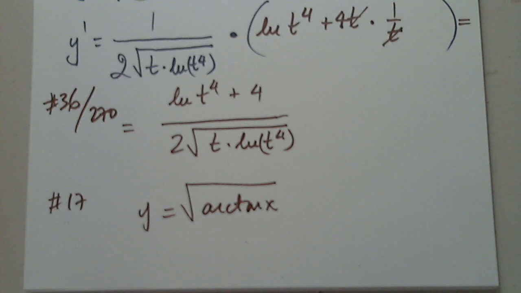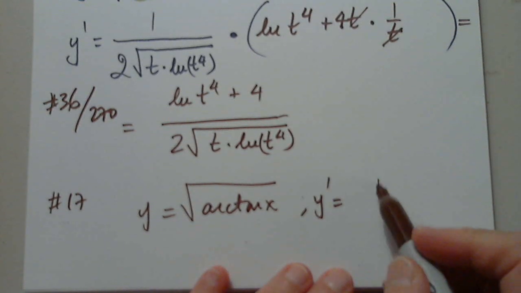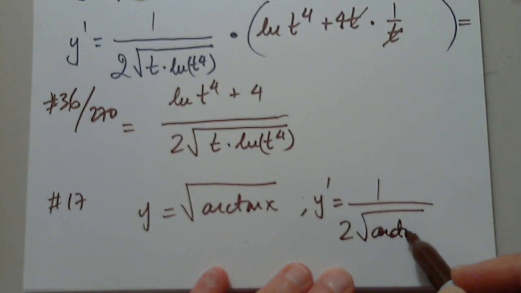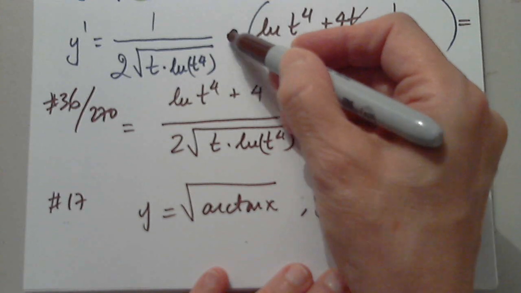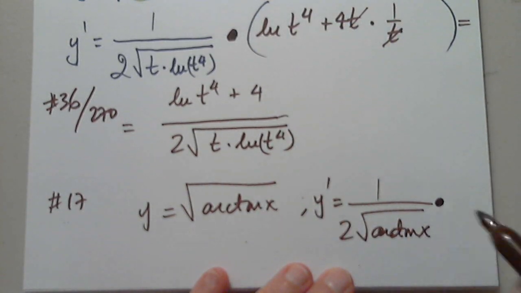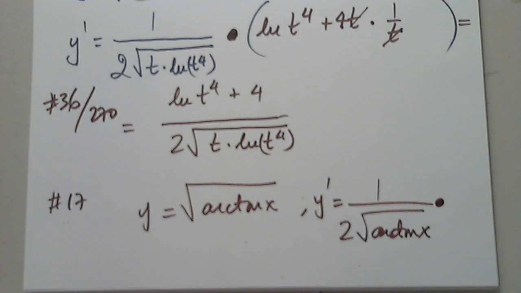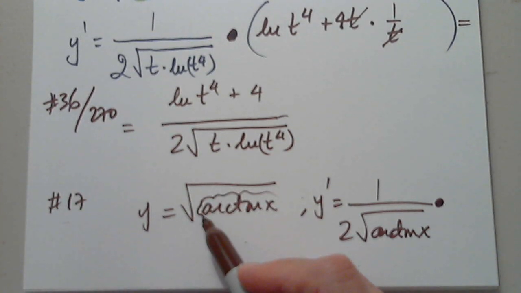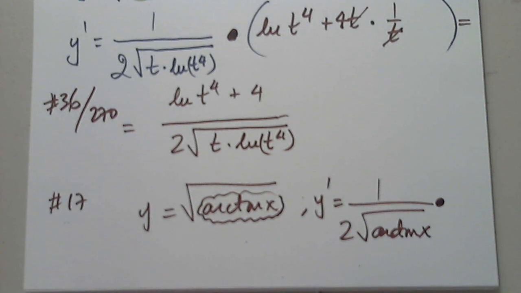So let's differentiate this one. Okay, so then y prime. Anyone would like to give it a shot? 1 over 2 times the square root of arctan x. Times the inner function prime.